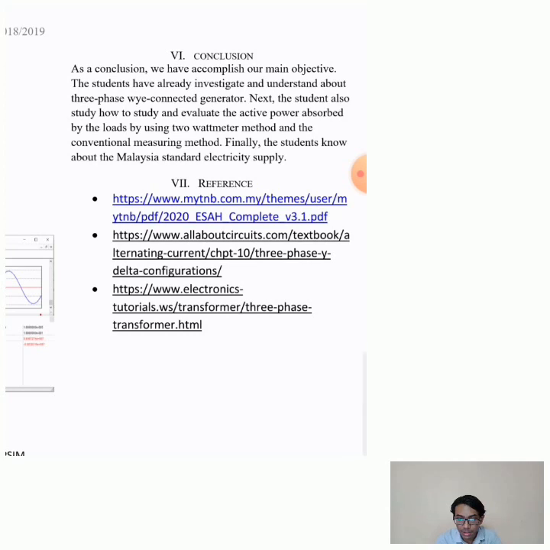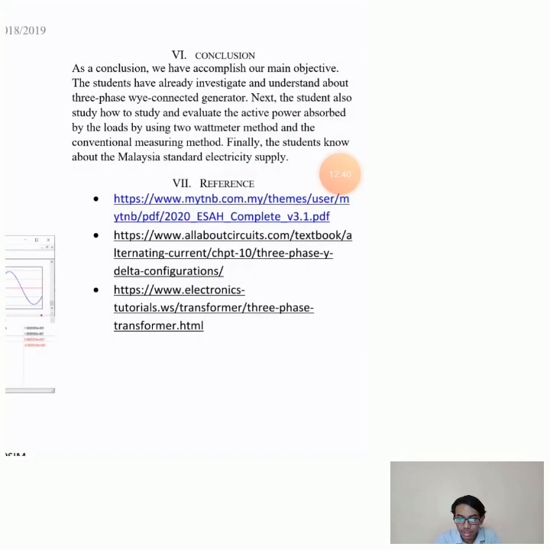Okay, the student will know about the Malaysian standard electrical supply, which means that every student will go through the ESAH version 3 to observe and identify the value for the power factor that we will need to get based on our V line to line, which means that our V line to line will give a different power factor.